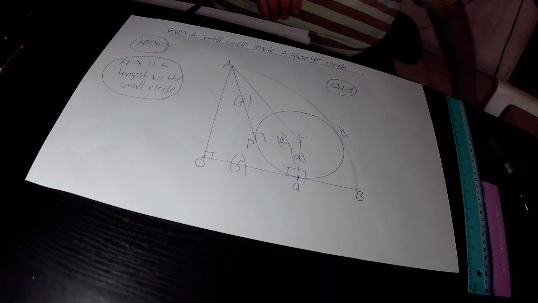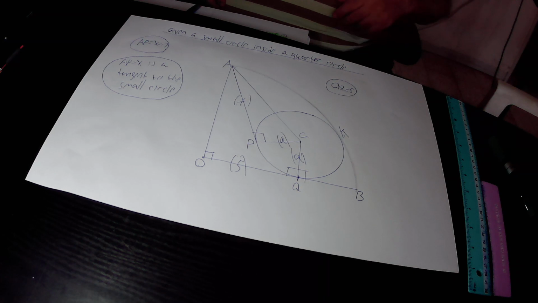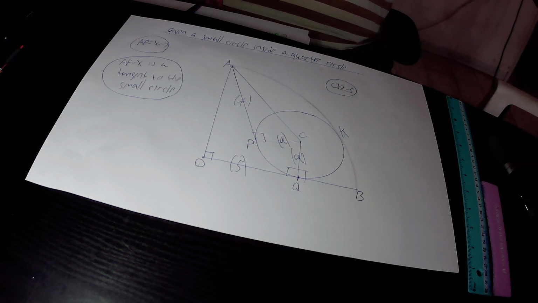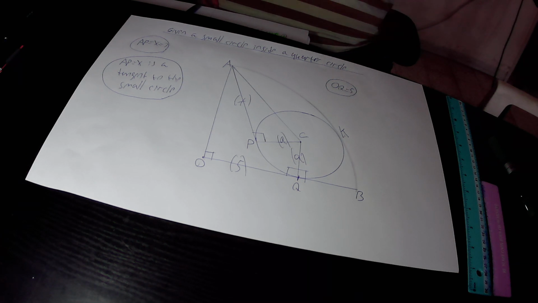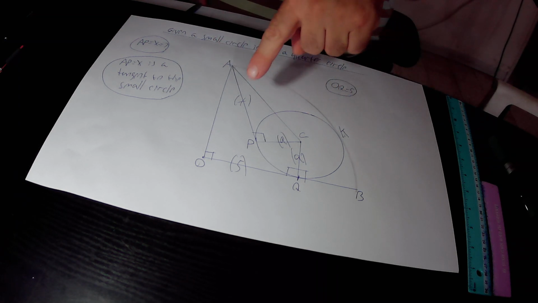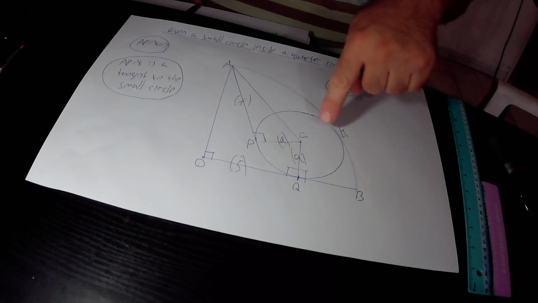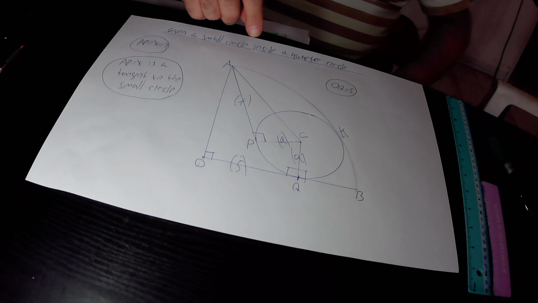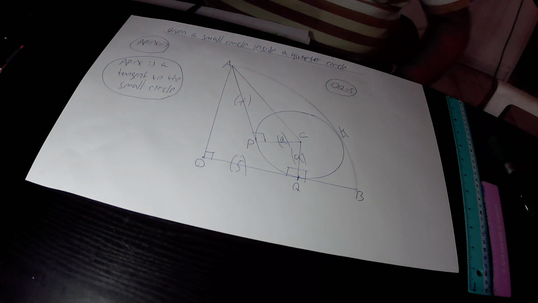So we can implement rule 9 in our drawing. Why? Because in our drawing we have an internal touch between the small circle and the big quarter circle. That is to say, they touch each other internally at point K. Therefore we can implement rule 9. The center of the big quarter circle is point O. The center of the small circle is point C. The straight line that connects the centers together is the straight line OC.